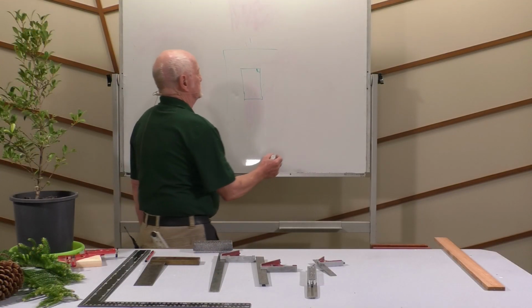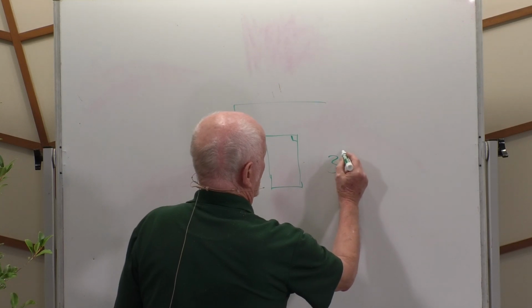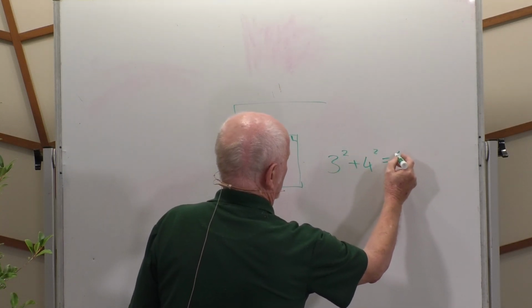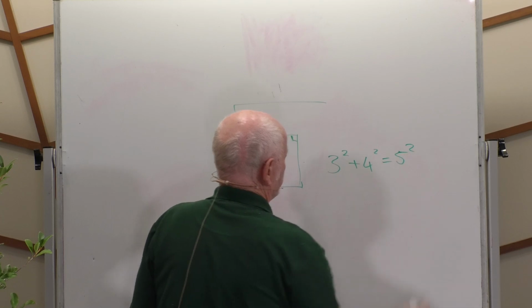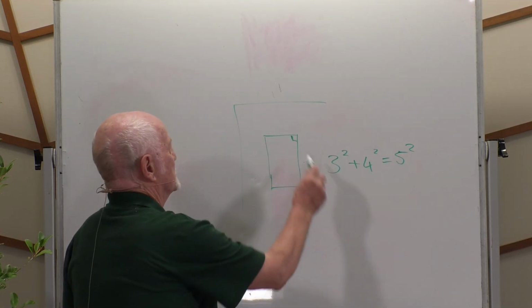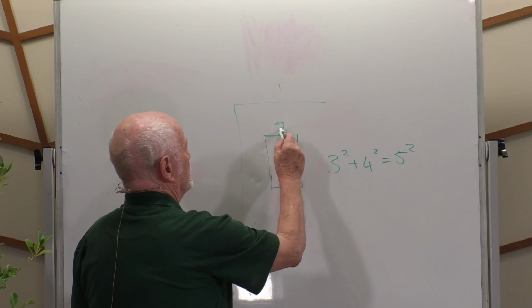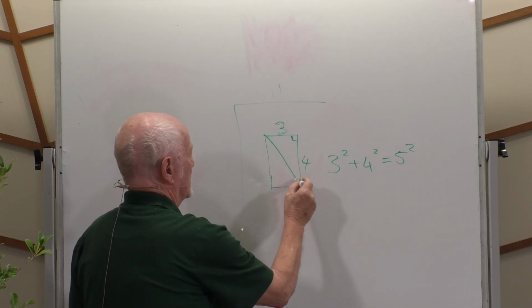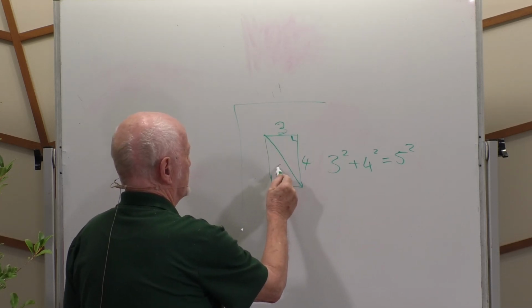And he said that 3 squared plus 4 squared equals 5 squared. That means that 3 times 3 plus 4 times 4 would equal that distance 5 times 5.